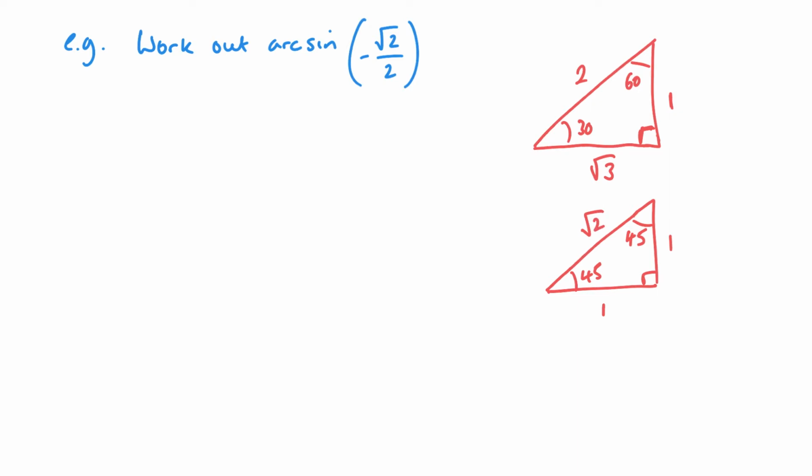These two triangles are important, along with 90 degrees and multiples of that, so 90, 180, 270, 360 and so on.